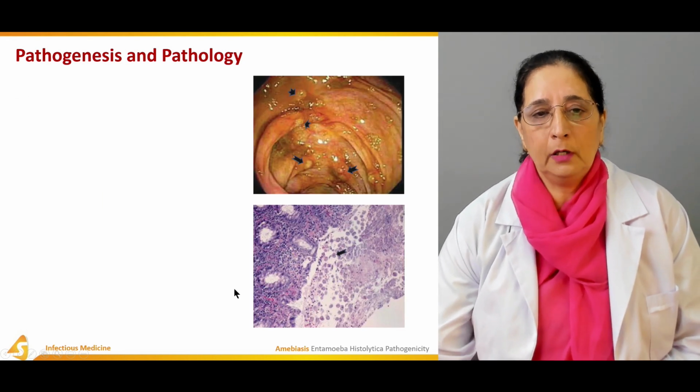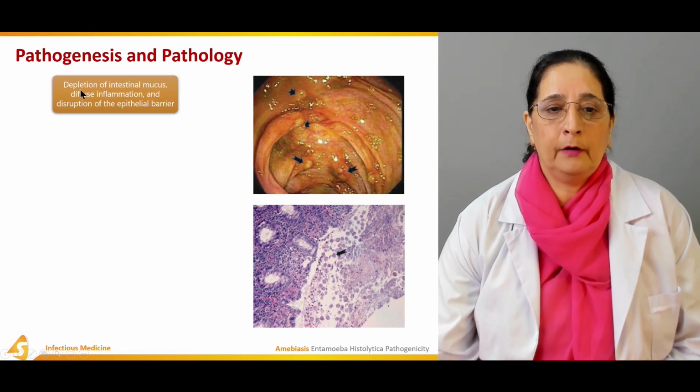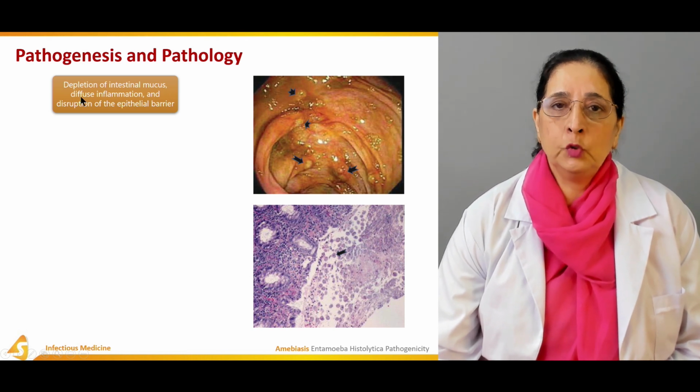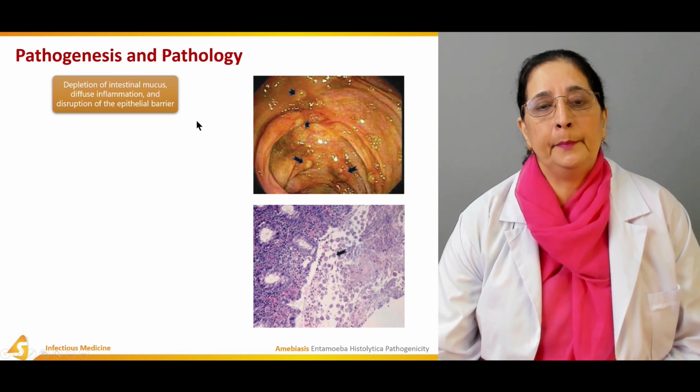Pathogenesis and pathology, again: what happens is depletion of intestinal mucus, diffuse inflammation, and disruption of the epithelial barrier.